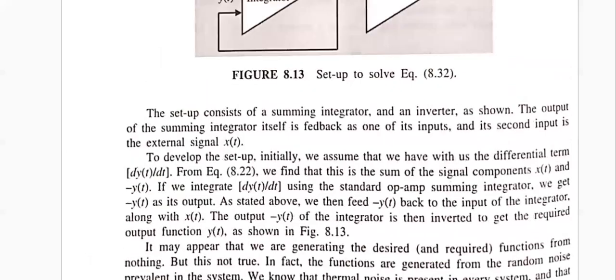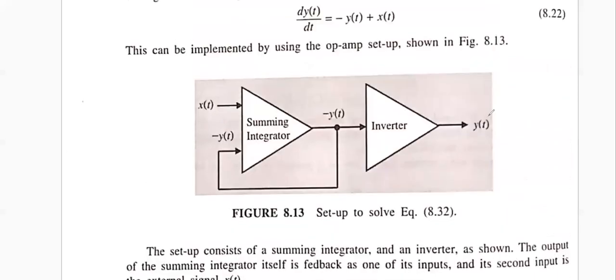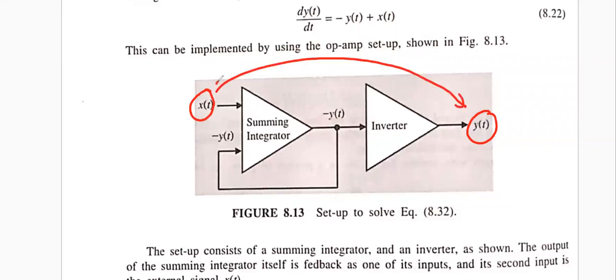Why is that so? Because we have got the y(t), but how has this y(t) been generated? What is x(t)? x(t) is your input signal. What kind of relation is there between x(t) and y(t)? y(t) is the filtered version of x(t).